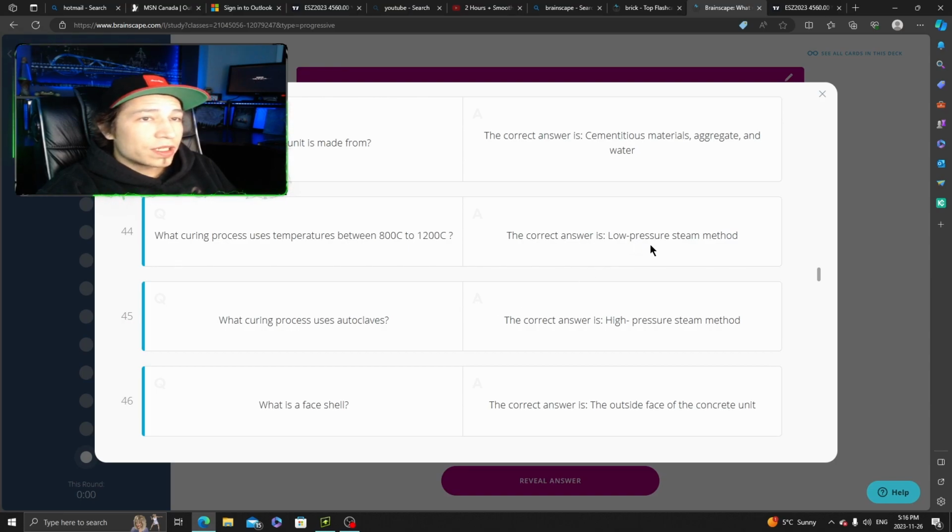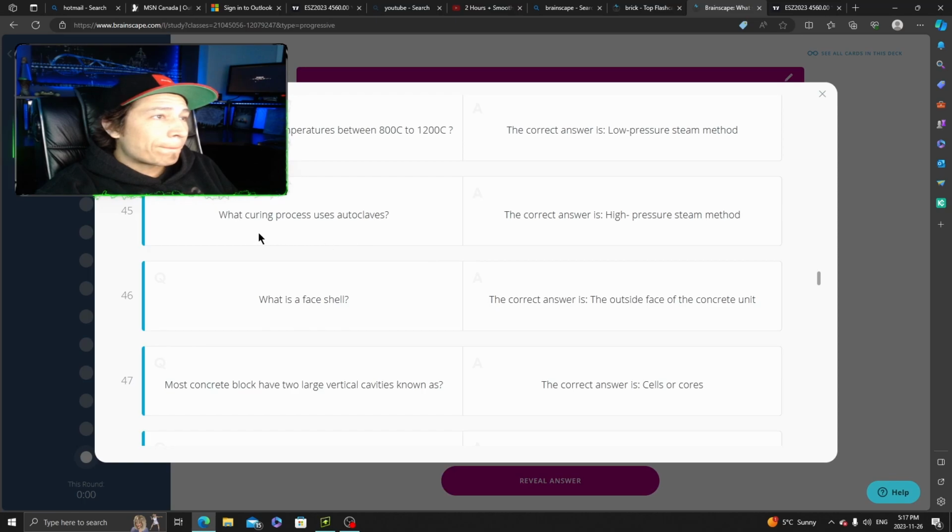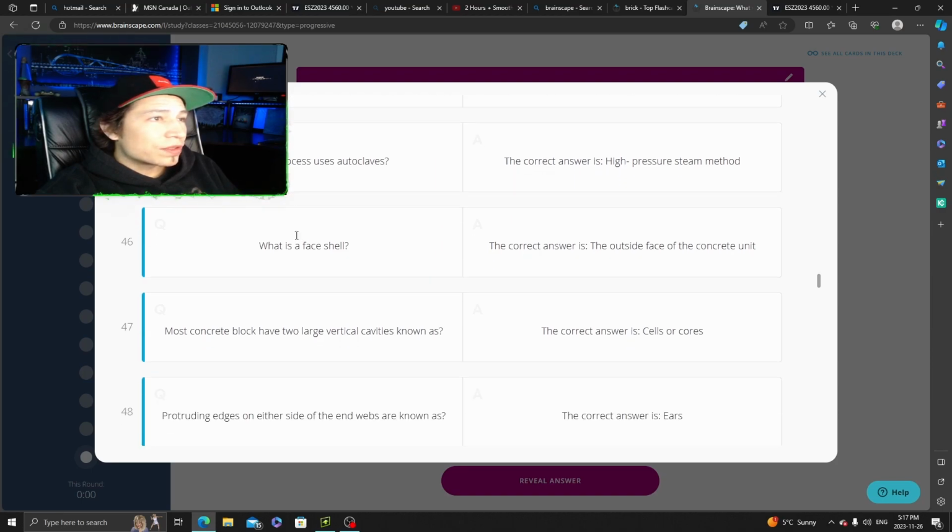Low pressure steam method. What curing process uses autoclaves? High pressure steam method.